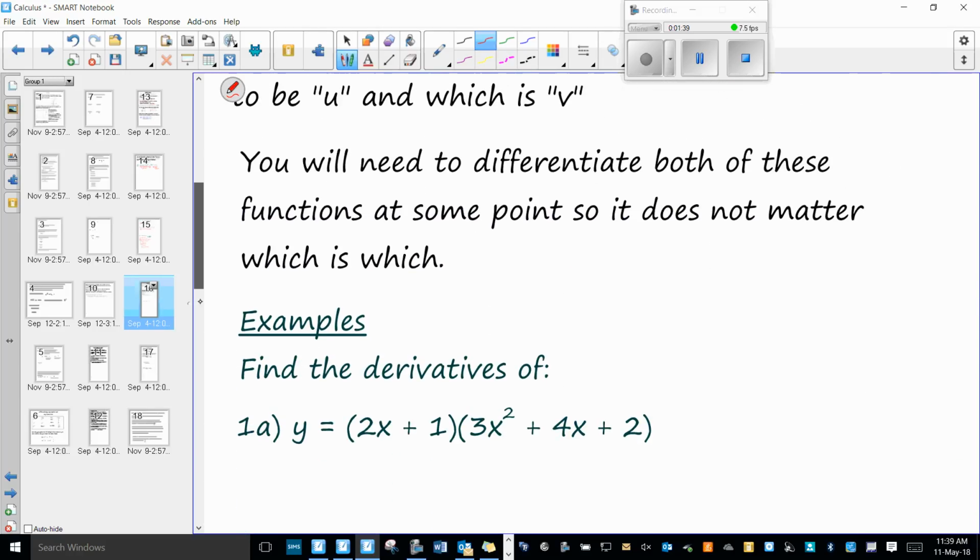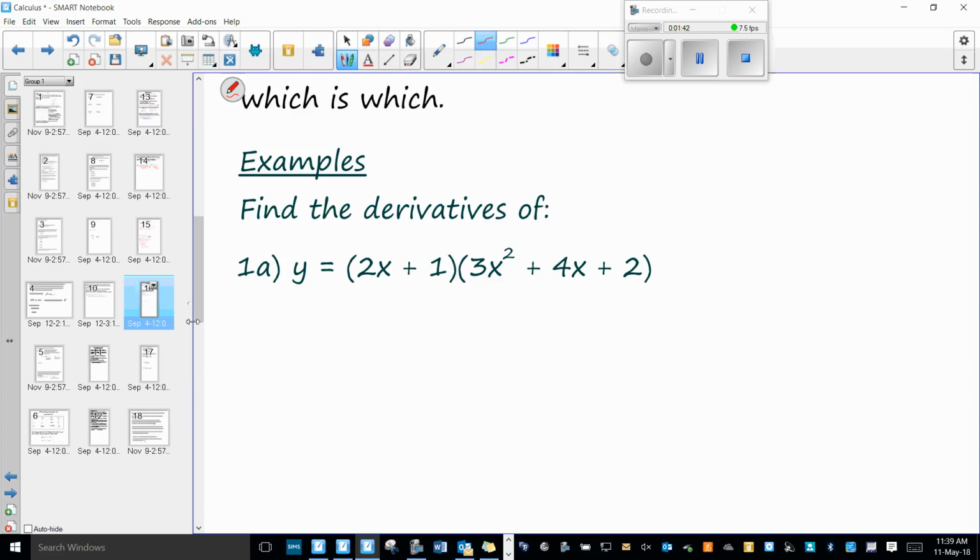So, here's an example. Now, it may sound silly, but do you recognize that I have two things multiplied together here? Yes. Okay? Now, I say that simply because when it comes to some questions, lots of people say, oh, I didn't know which rule to use. Okay, well, if you've got two brackets next to each other, it means they're being multiplied. The fact that they're multiplied tells you you're using the product rule.